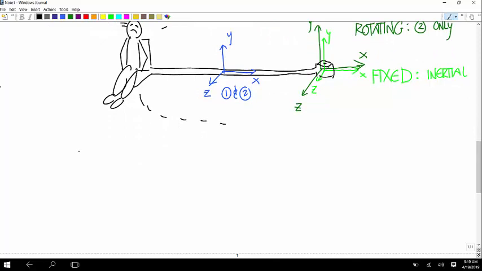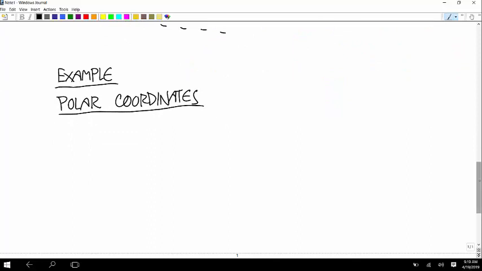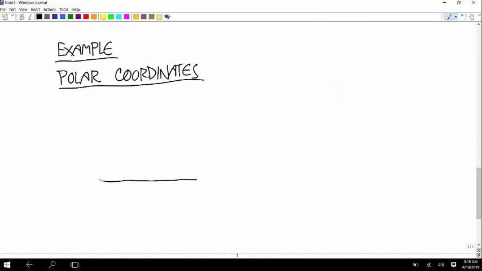The first example I want to do is polar coordinates. So polar coordinates, you think of like this. You have an object moving around. So here's the object.